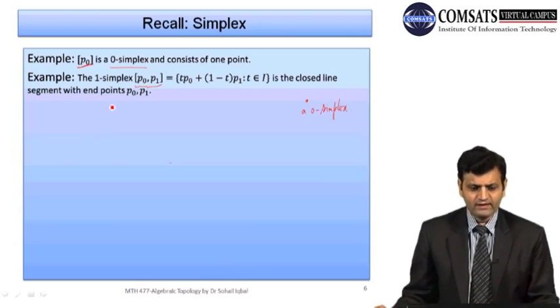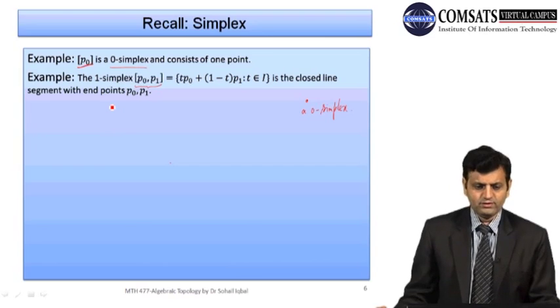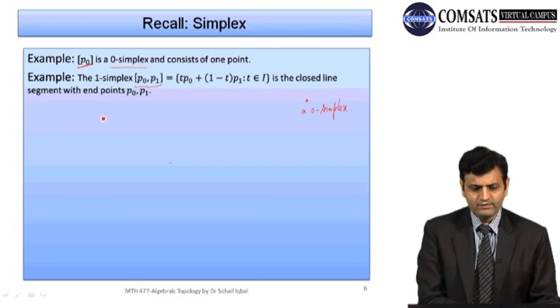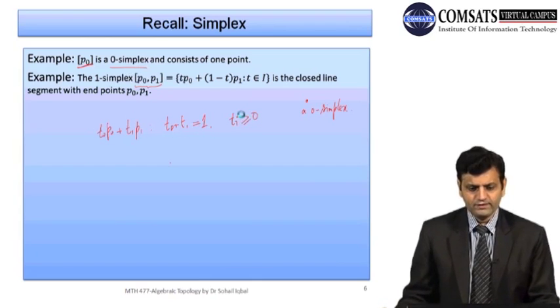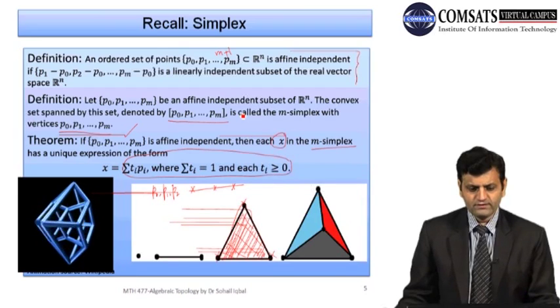So let's go back and see what the theorem says about the form of elements. The theorem says that the form of elements will be t0 p0 plus t1 p1, where t0 plus t1 is equal to 1 and the ti are greater than or equal to 0. So that's what our theorem says.